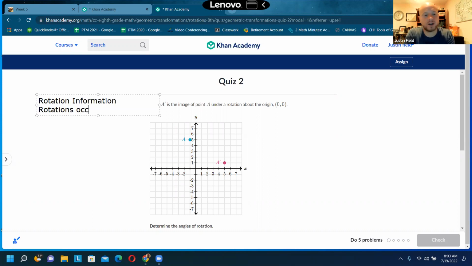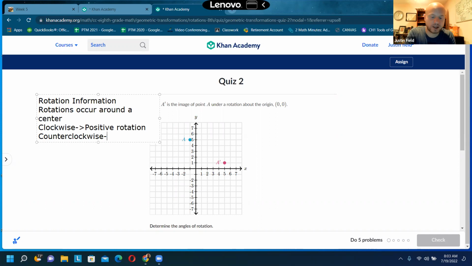Rotations occur around a center. Clockwise is a positive rotation. So they go in a certain direction, clockwise or counterclockwise. And counterclockwise is negative.